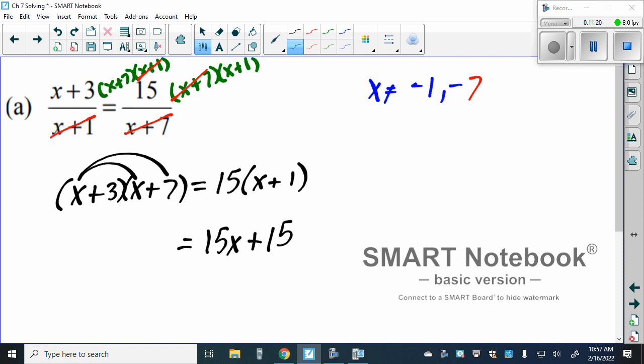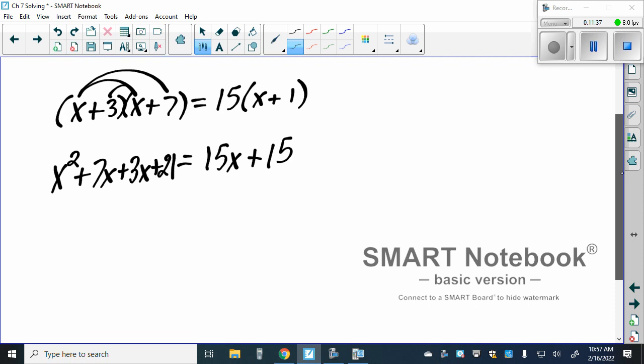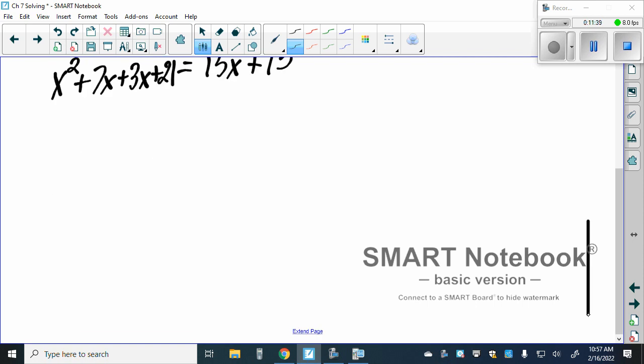Because our x times x gives us x squared. x times 7 would be our 7x. 3 times x would be plus 3x, and 3 times 7 is 21. Then our 7x and 3x would combine to give us x squared plus 10x plus 21 is equal to 15x plus 15.